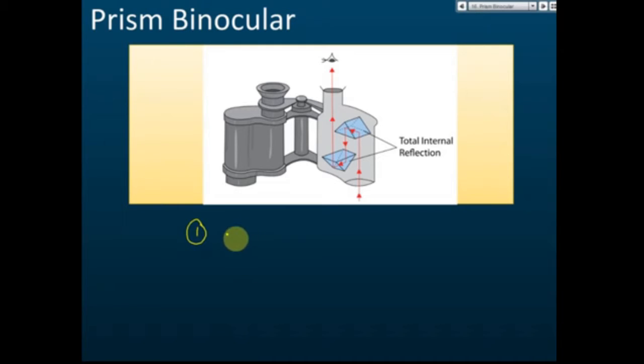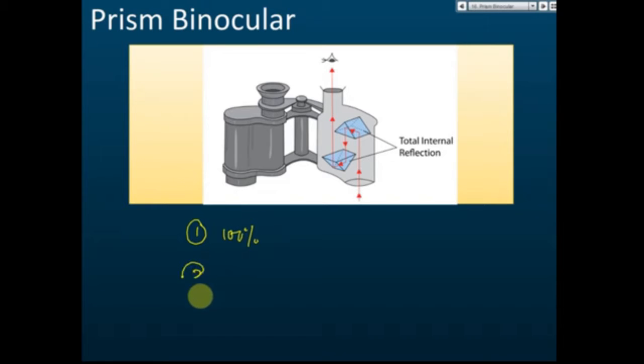Why? Because almost 100% of the light is reflected. But if you use a mirror, just part of the light is reflected, not 100%, maybe 80%. With total internal reflection, 100% of the light will be reflected. That is the first reason.